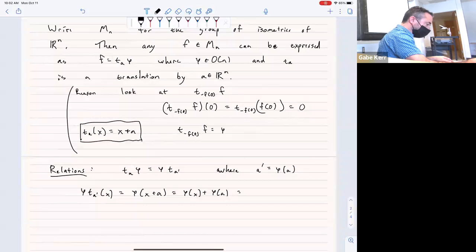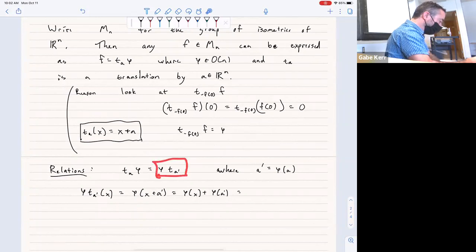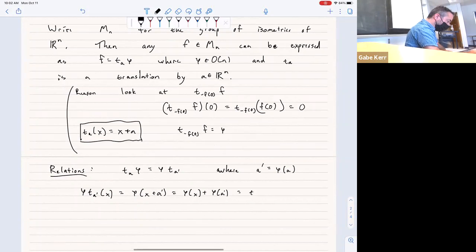Guys, I'm not able to read my own notes. Sorry. So I want to start with this side here. So I've got phi TA prime. So now that I've done that, this is T of A prime. That was right the second time.